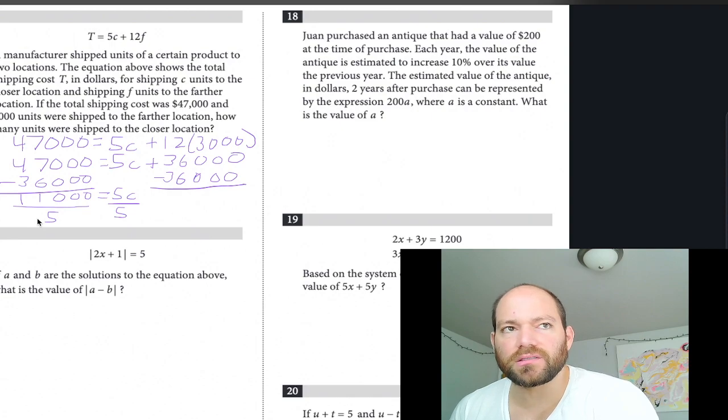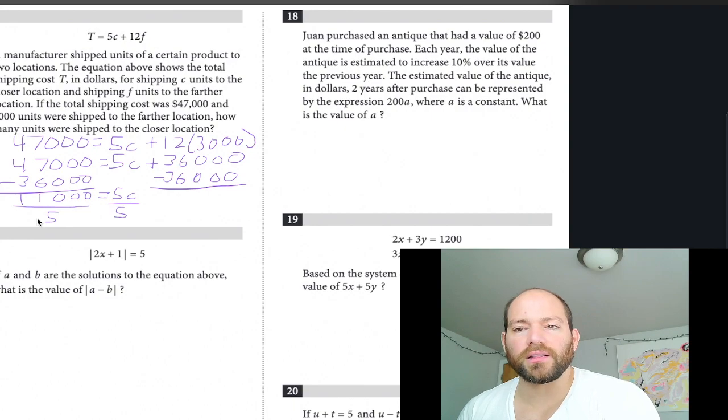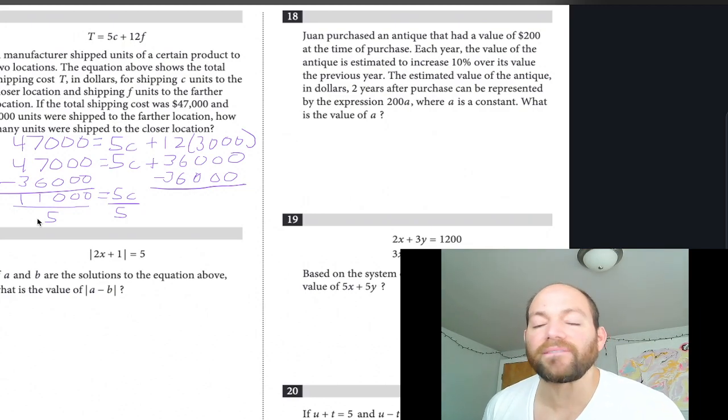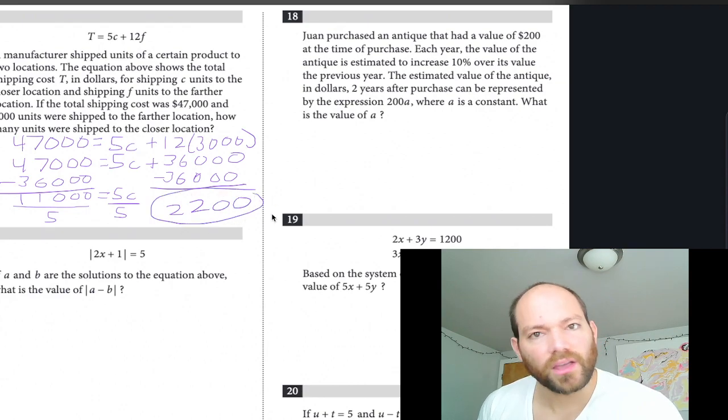So 11,000 divided by 5, well, since 5 is half of 10, then twice as many 5s should be able to go into that, right? So if 11,000 divided by 10 would be 1,100, then 11,000 divided by 5 would be 2,200. That should be our answer there.